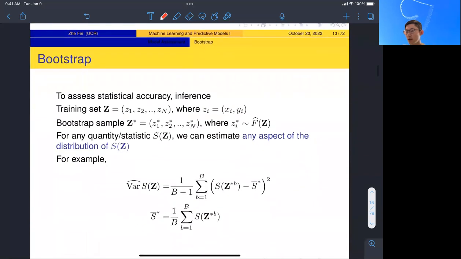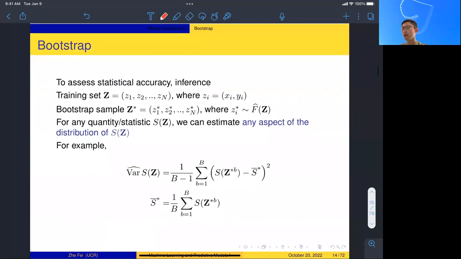Just briefly, the next topic is the so-called bootstrapping, and it is a very important statistical tool that people use a lot. There's a quote I want to mention to you.